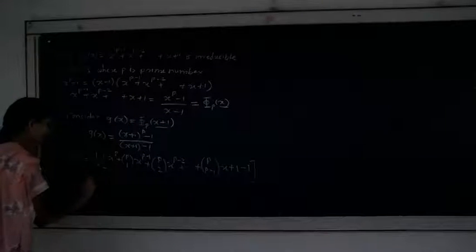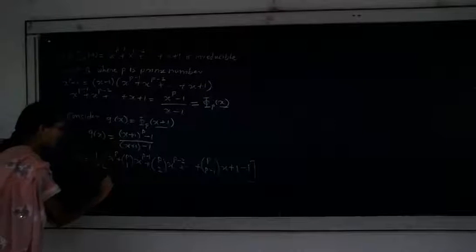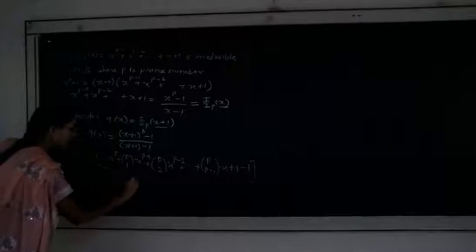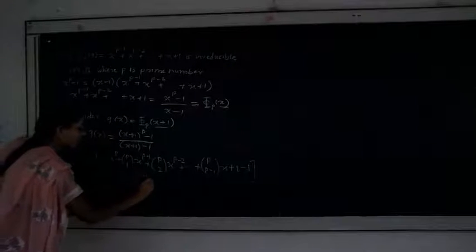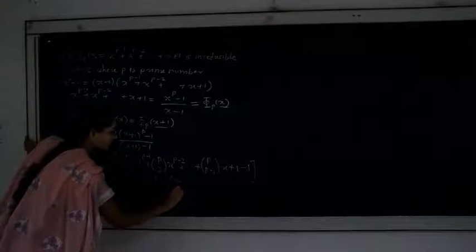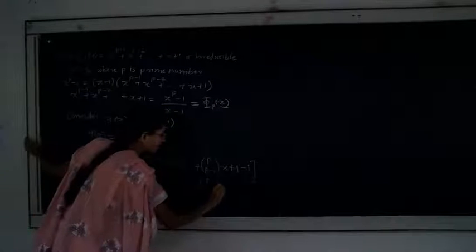Now this is equal to 1 upon x into x raised to p plus p choose 1 x raised to p minus 1 plus p choose 2 x raised to p minus 2 plus p choose p minus 1 into x.